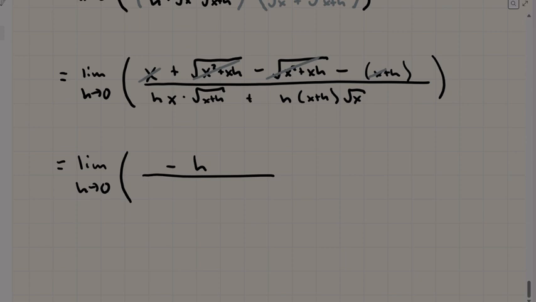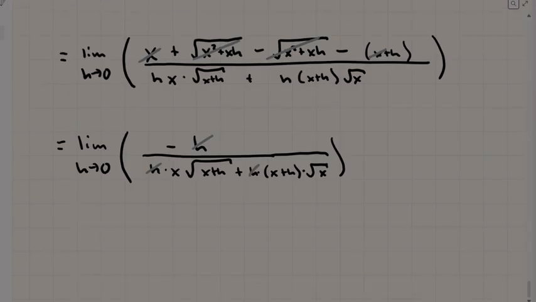Here we've got h times x times the square root of x plus h times x plus h times the square root of x. All right, h in every term.